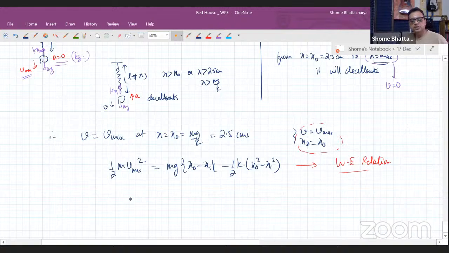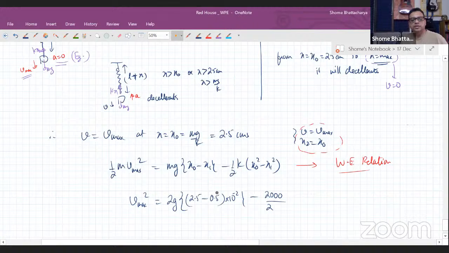Okay, so as you can see, v max square will become 2g into 2.5 minus 0.5 into 10 raised to minus 2, minus spring constant was 2000 by 2, and this 2 cancels out because of half m, so divide by the mass, which is 5 kg, into 2.5 square minus 0.5 square into 10 raised to minus 4.